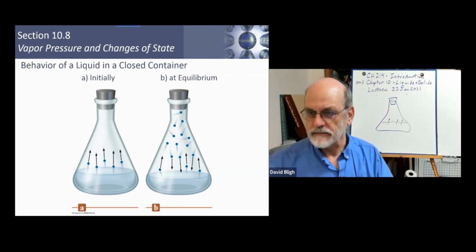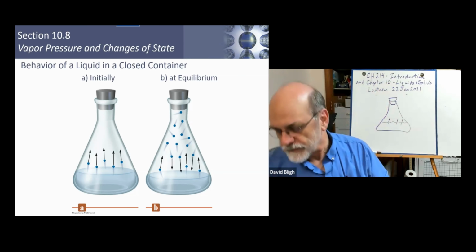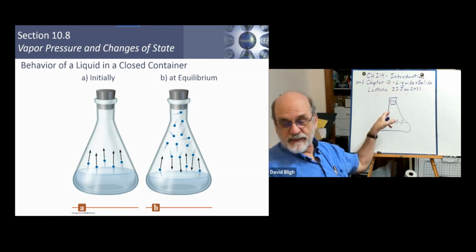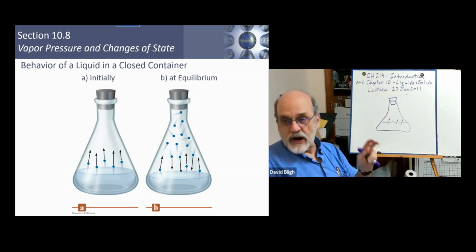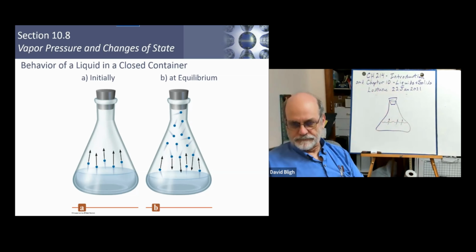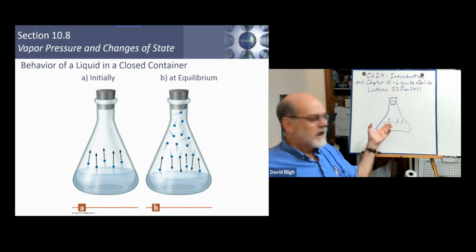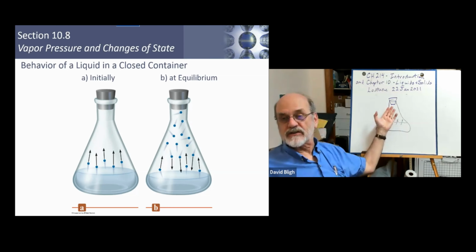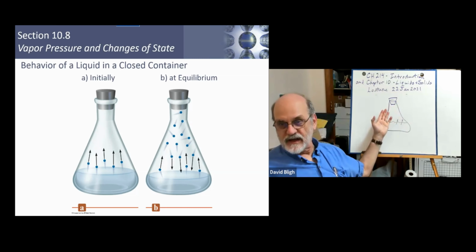And for each liquid, the pressure that develops in that headspace is characteristic of that liquid. So guess what? The weaker the intermolecular forces for the liquid, the more of them escape into the headspace and the higher the pressure.